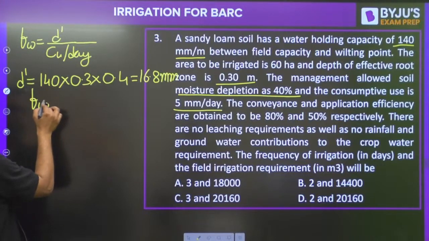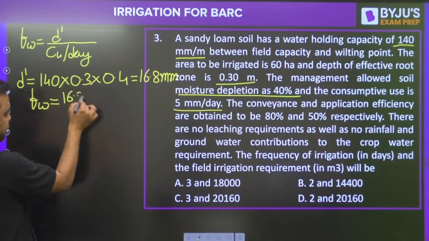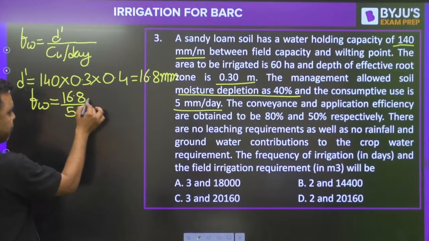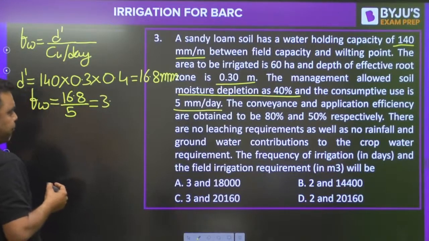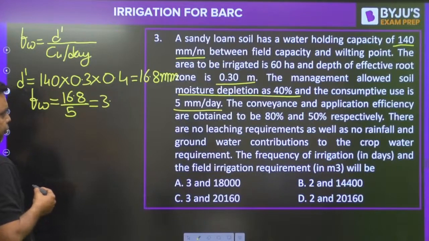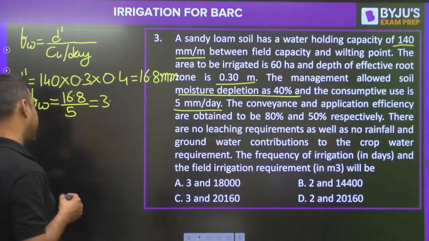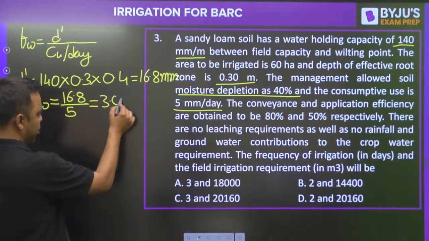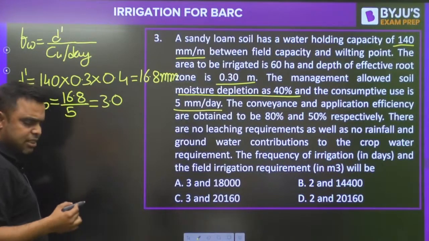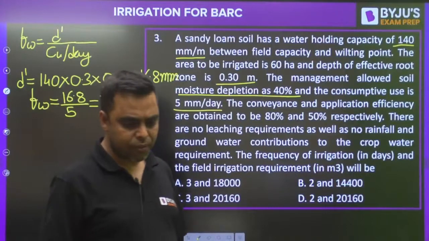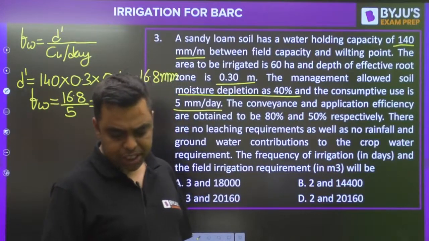Right? 16.8 mm. So FW will be equal to 16.8 divided by 5, that is equal to 3 point, how much? 3.36.